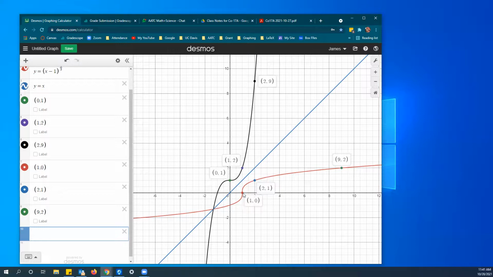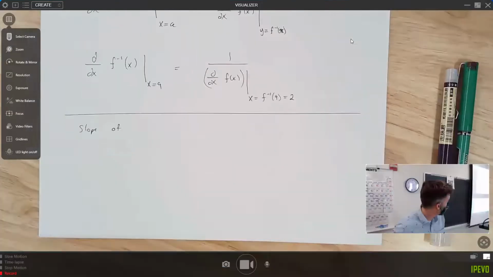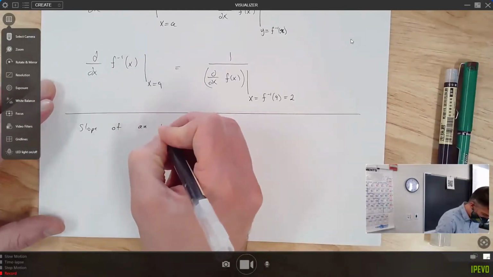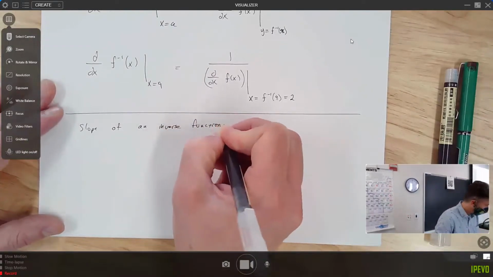So here is the theorem that we're working towards. Sorry, I keep forgetting you can't see the things if I don't show you the things. So the slope of an inverse function can be found in the following way.